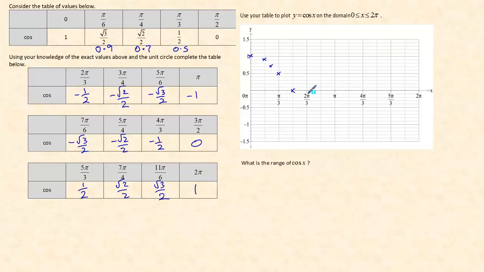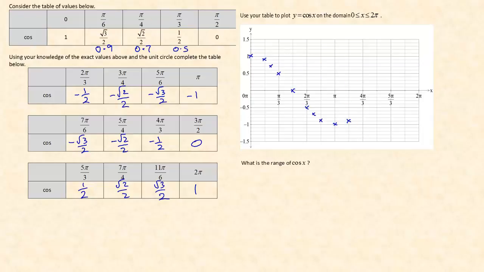Then 2 pi by 3, negative a half. And then in the gap here we're going to get negative 0.7. Then we'll have negative 0.9 and negative 1. And following on, we're not going to get that little dot that I put there.